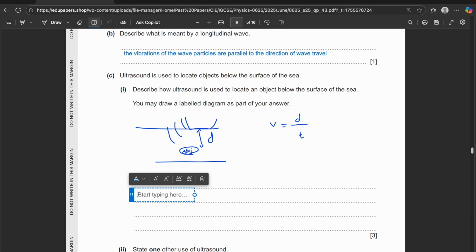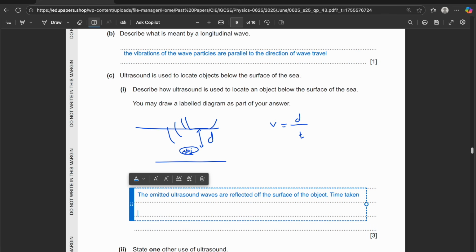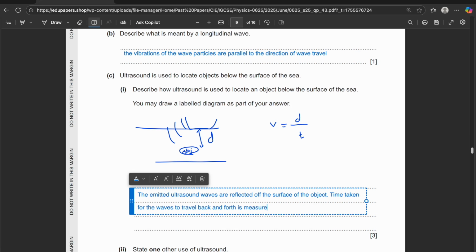If we write this in words: the emitted ultrasound waves are reflected off the surface of the object, and the time taken for the waves to travel back and forth is measured.